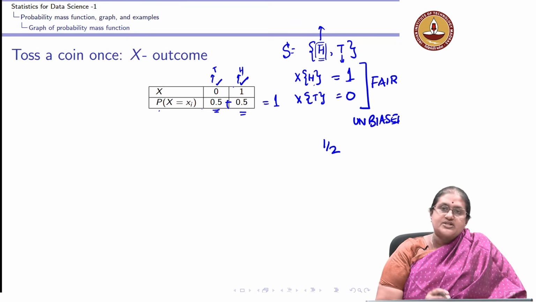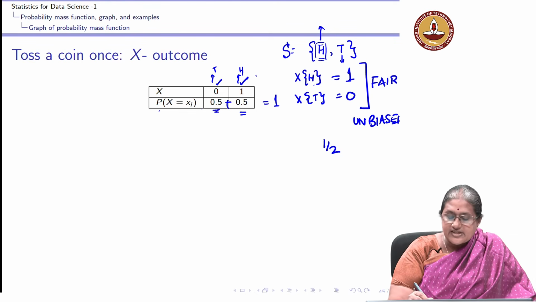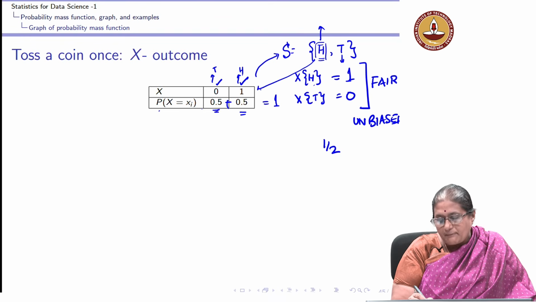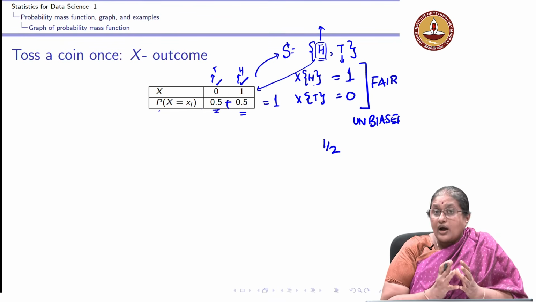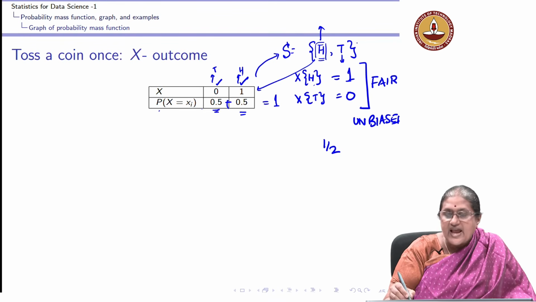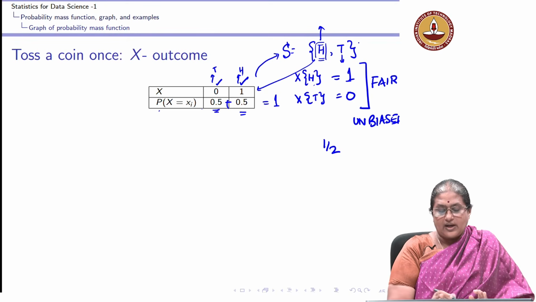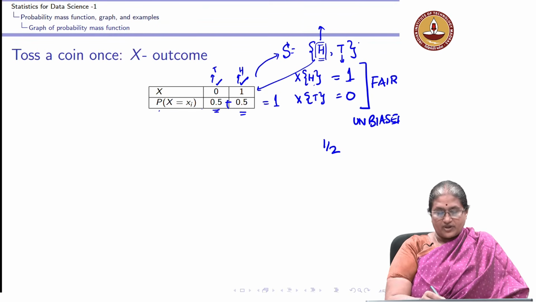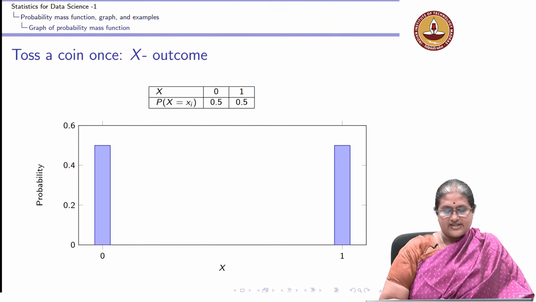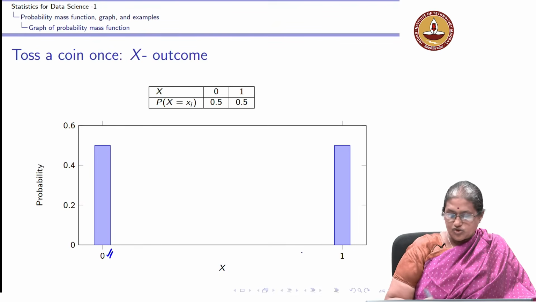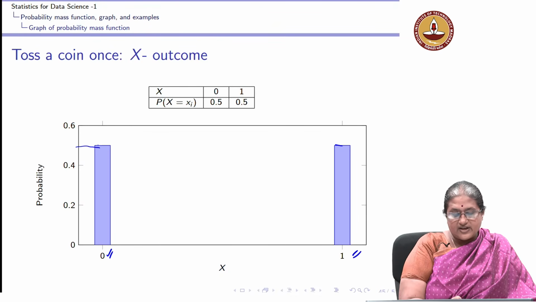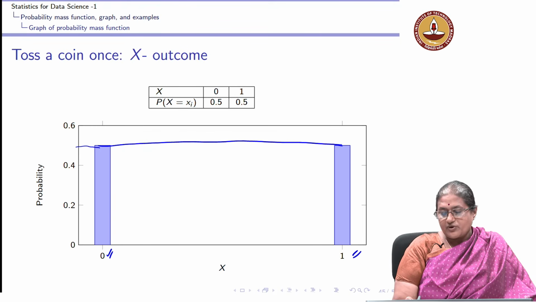Whenever we are doing this mapping, we need to understand what was our original experiment and what has been the mapping, and how we have associated every outcome to a random variable. Now, given this, X takes only two values, 0 and 1, with the same probability.